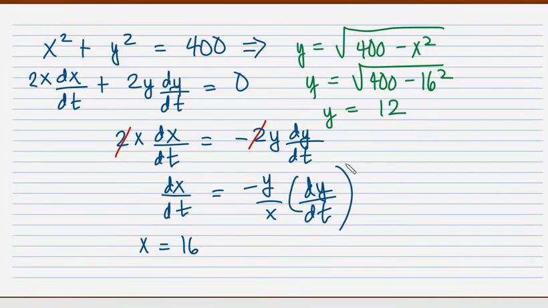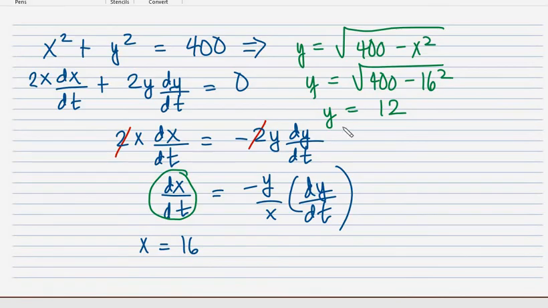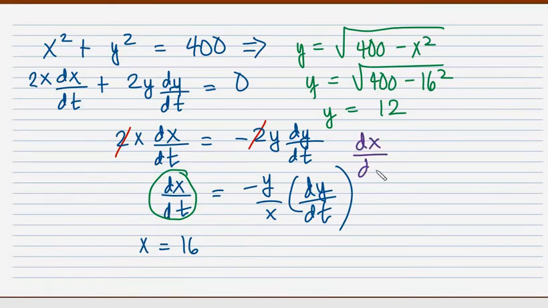Okay, so we go back here to our formula for the derivative of x with respect to t. So derivative of x with respect to t is equal to negative y over x, so negative 12 over 16 times the derivative of y with respect to t, which is the change of the top side of the ladder.